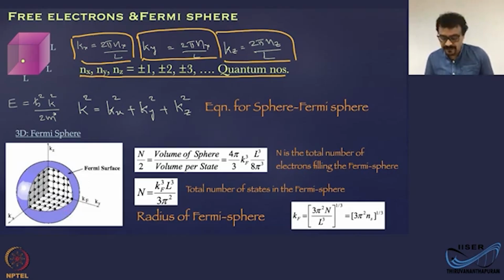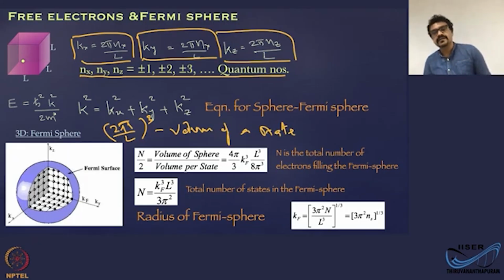And the volume occupied by the states in the Fermi sphere is basically given by 2 pi by L in each direction. So that will be (2 pi by L) cube. That will be the volume of a state.